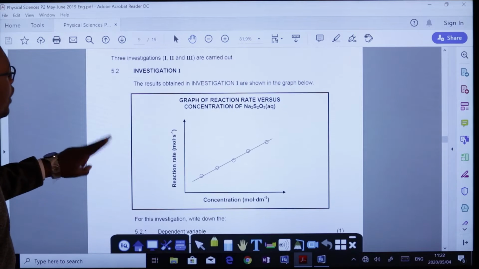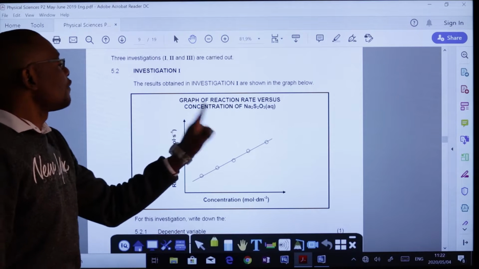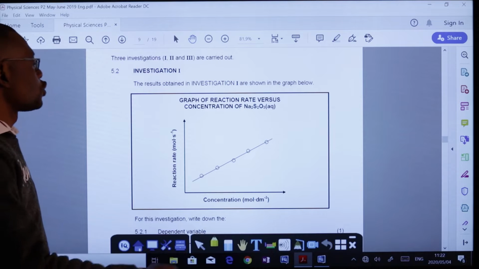Okay, so we've got 3 investigations carried out here, 1, 2, and 3. In investigation 1, here are the results, and as you can see, we've got a graph of the reaction rate versus the concentration of sodium thiosulfate.